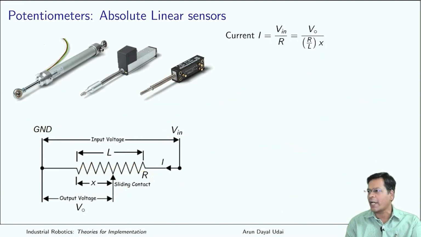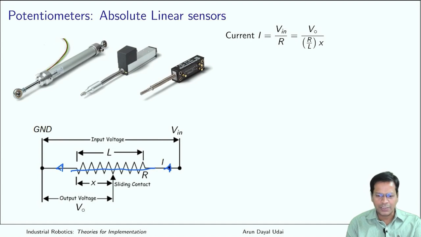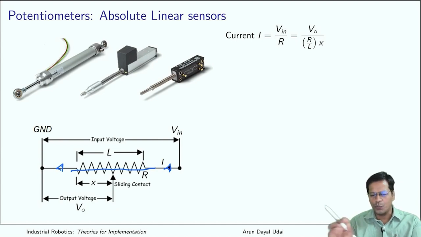This can be derived the way it is shown here. The current enters from here and passes through the whole of this line. The current can be taken in two ways.